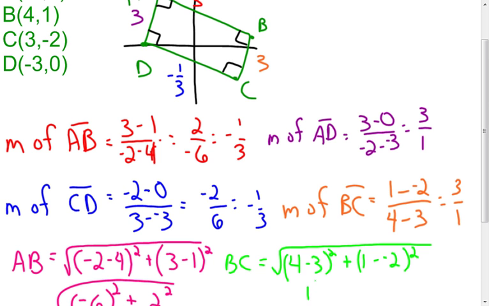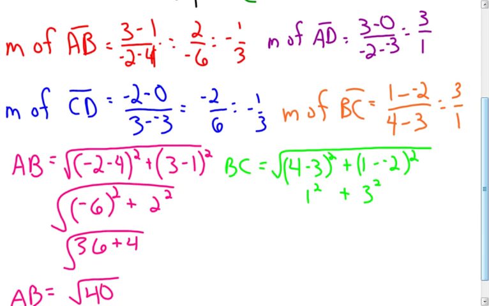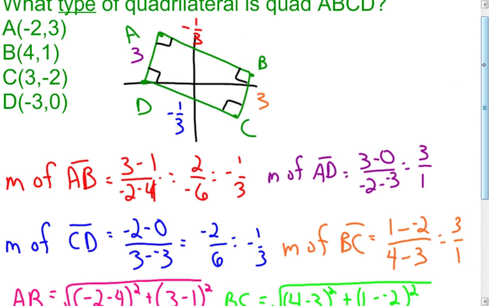So I'm going to have 1 squared plus 3 squared. And don't forget my square root, 1 plus 9, which is going to put me at the square root of 10 for the length of segment BC. So this one had a length of square root of 10. This side had a length of the square root of 40.